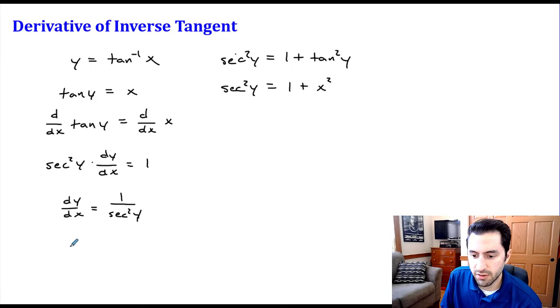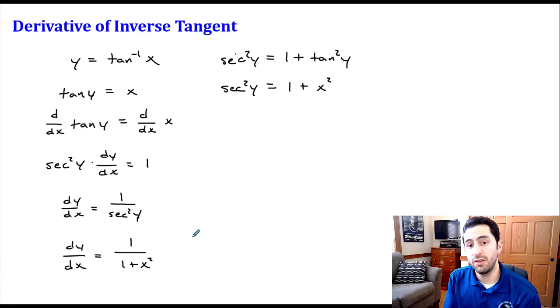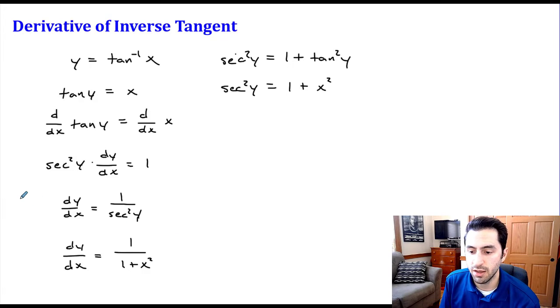And then what that gives us, the derivative of the inverse tangent, is going to be equal to 1 over 1 plus x squared. And this is the formula, this is the rule that we want to use to find the derivative of inverse tangent. So now that we have that established, let's use it in an example.